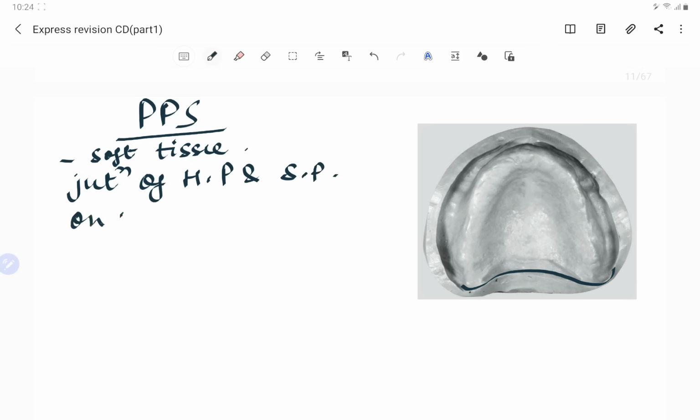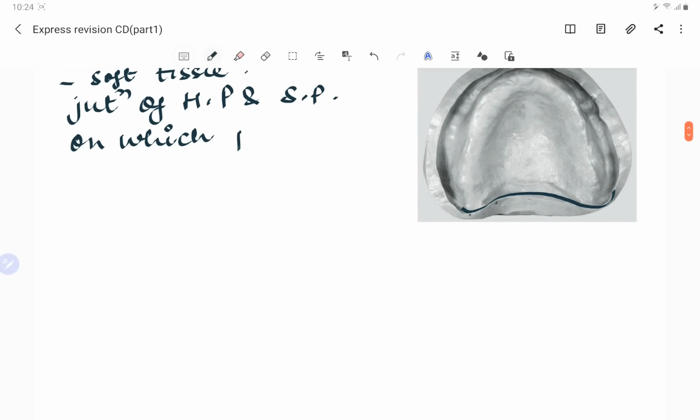Then, it is an area on which we can apply pressure, because once we study the technique of recording PPS, we are going to trim the cast and put a little extra resin over there. So that means pressure can be applied within the physiologic limit.